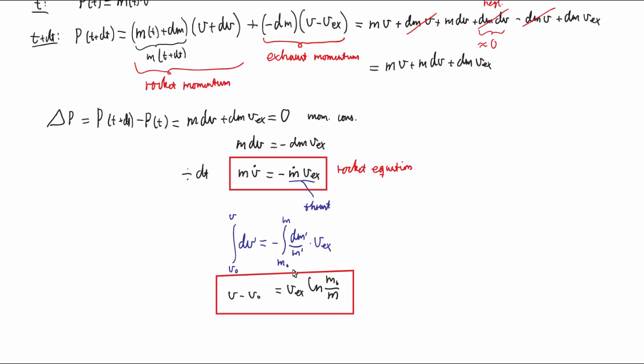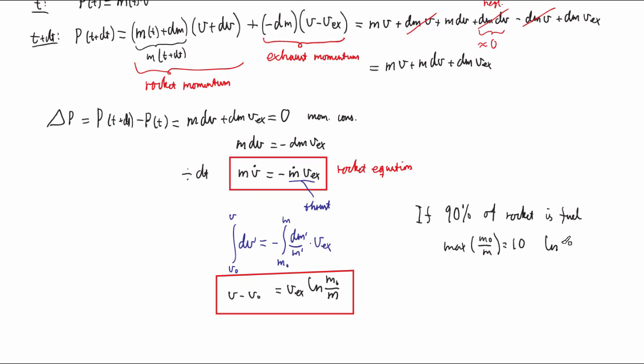So for instance, let's say that 90% of the rocket is made of fuel. That means that the maximum value that m0 over m can take is 10.